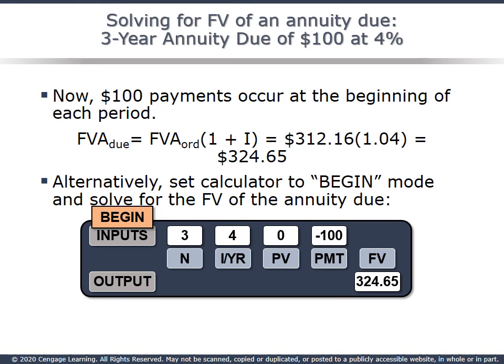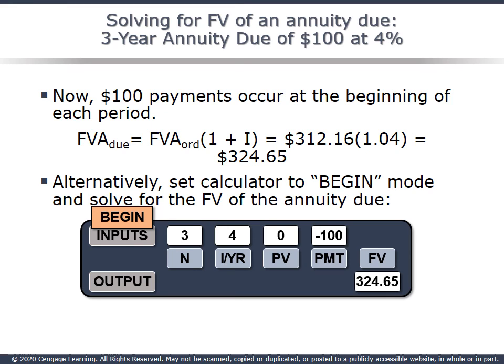We ended up with a future value of an annuity of $312.16. Well, if this same setup, instead of an ordinary annuity, if it's an annuity due, how do we change this? Our payments are occurring a whole period earlier. They're occurring at the beginning of each time period.